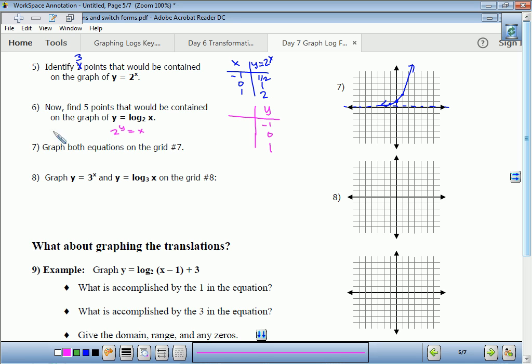So with logs, you're always going to start with your y values because of the form of the function. It is much easier to start with your y values because this equation, y equals log base 2 of x, means 2 to the y equals x. So to find our x values, we take 2 and raise it to those y values.